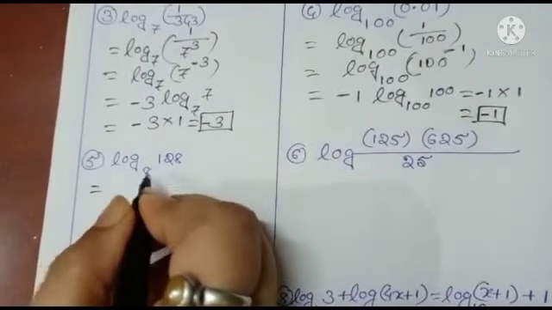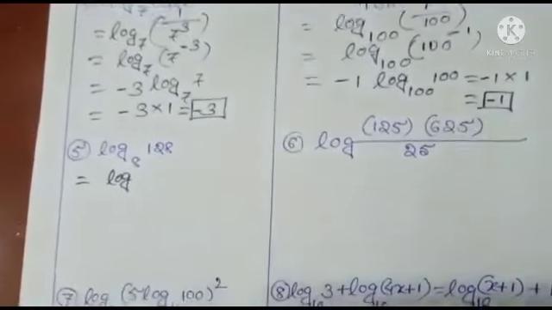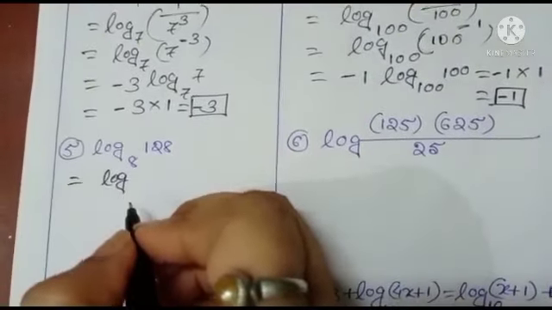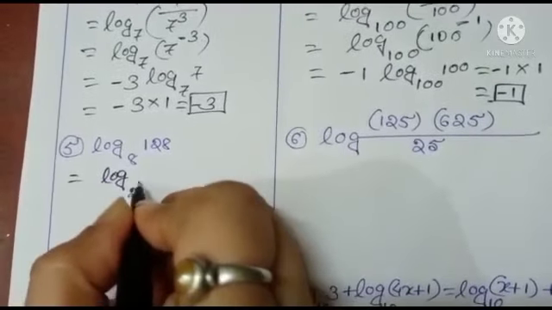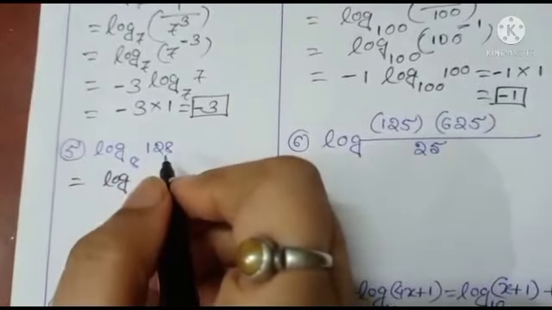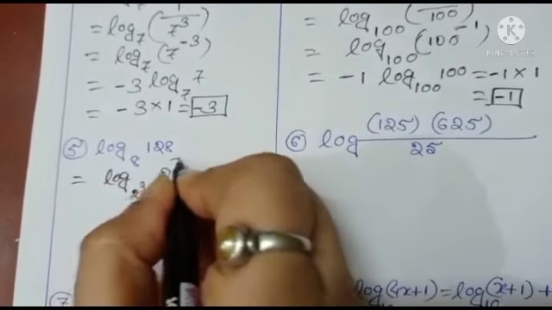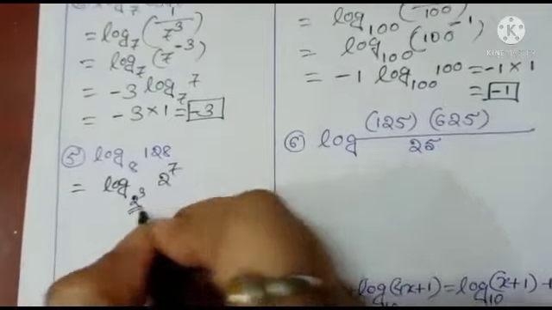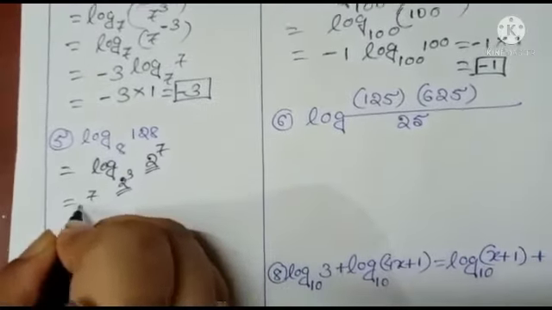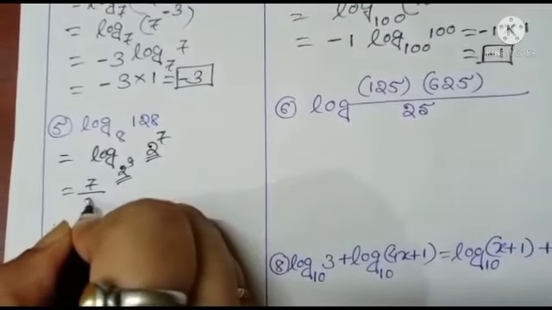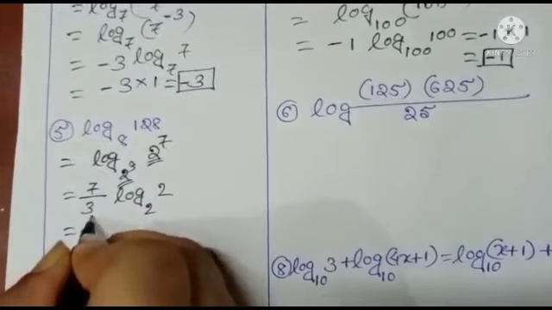Here log base 8 of 128. Here we make a relation. 8 we convert into 2 cubed, and 128 we also convert into 2 to the power 7. Both are 2. 7 in front, 3 log base 2 of 2.